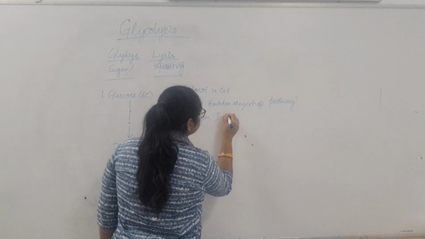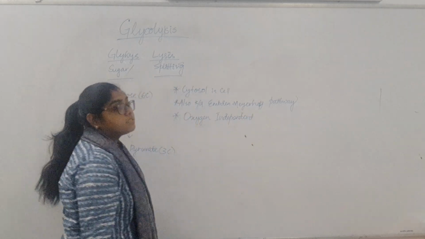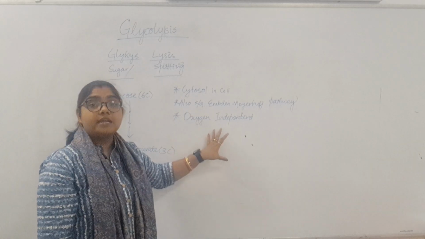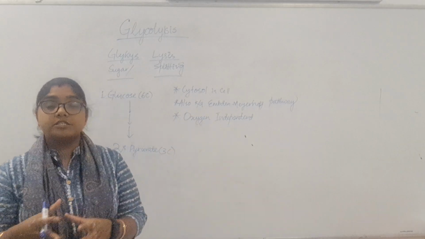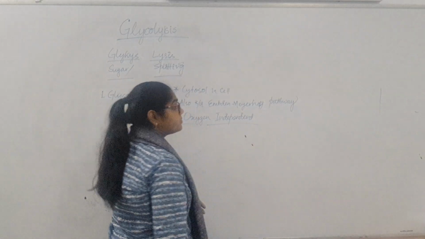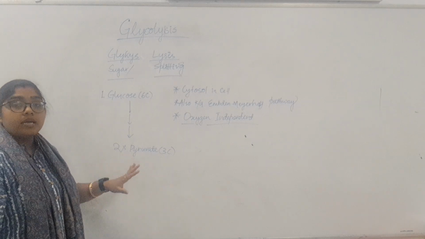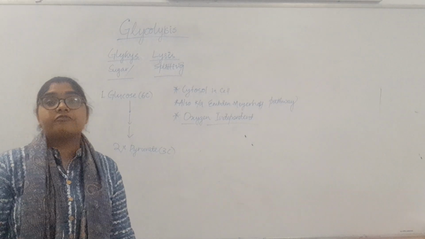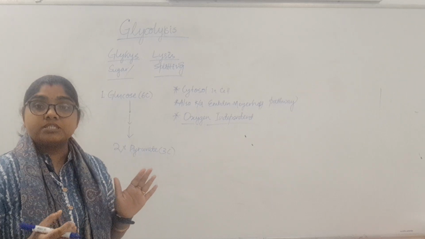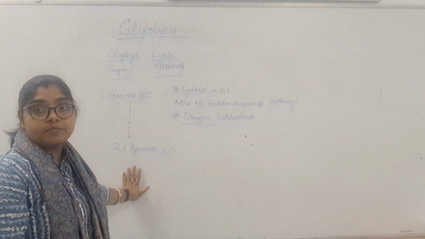This reaction does not involve any molecular oxygen, so it can take place in aerobic as well as anaerobic conditions. It goes through a series of enzymatic reactions. Clear? This is the basics of glycolysis. Now we'll discuss all the enzymatic reaction steps involved in the conversion of glucose to pyruvate.